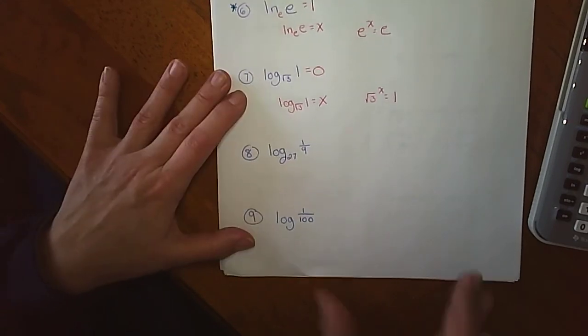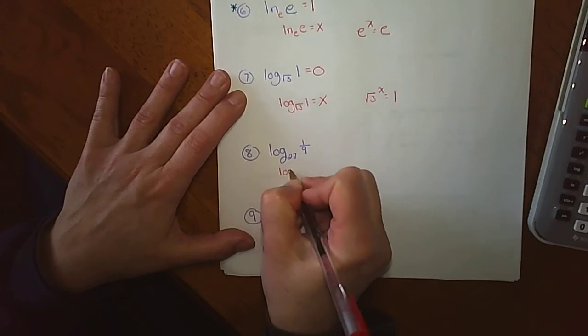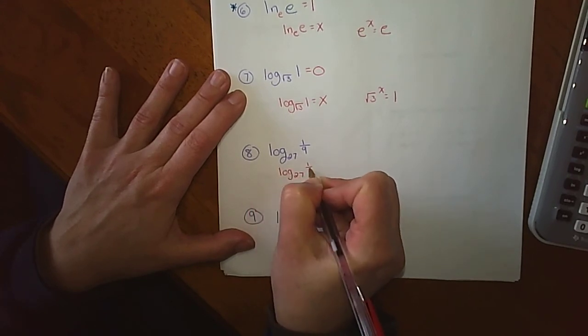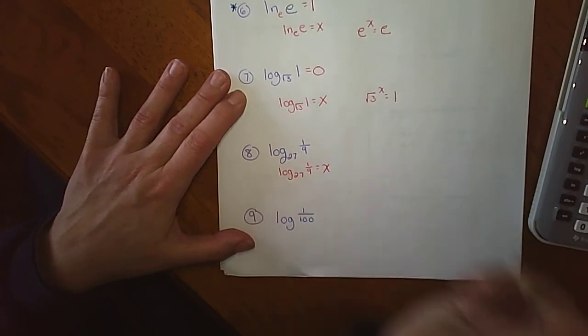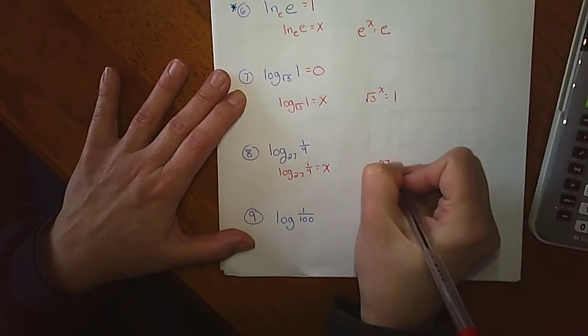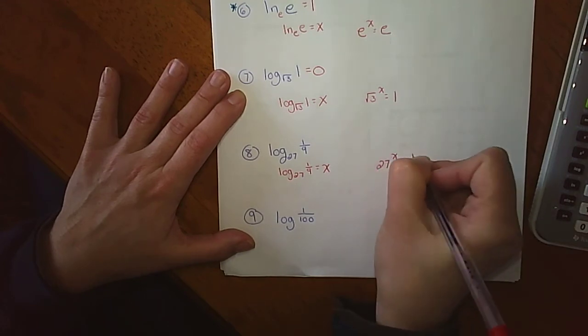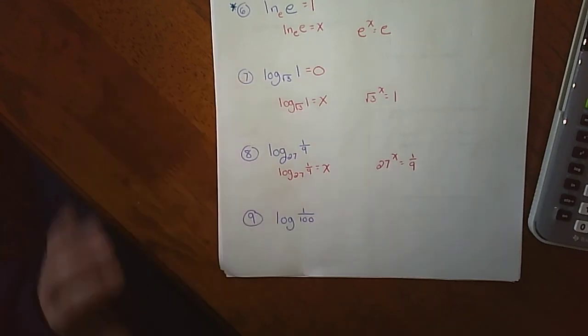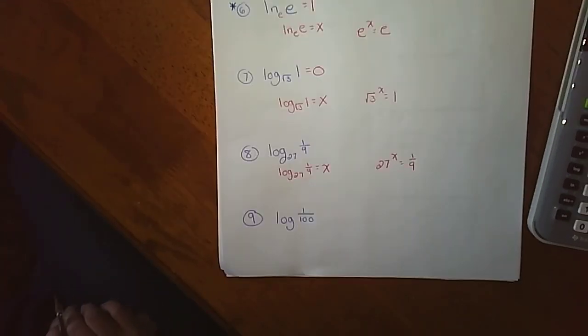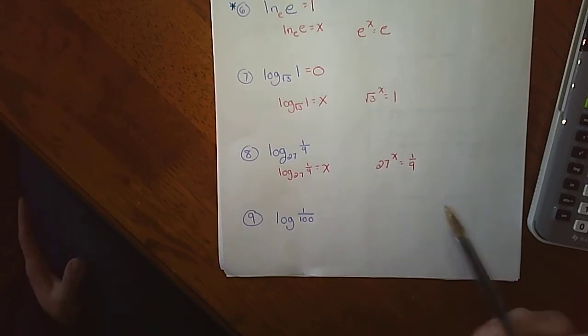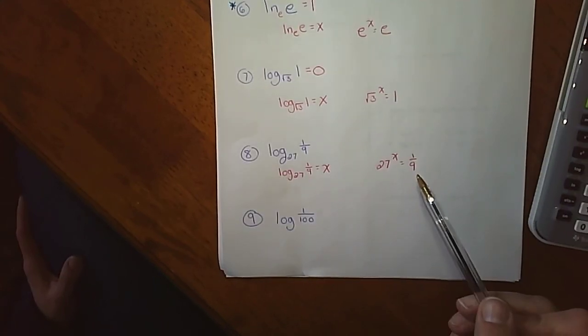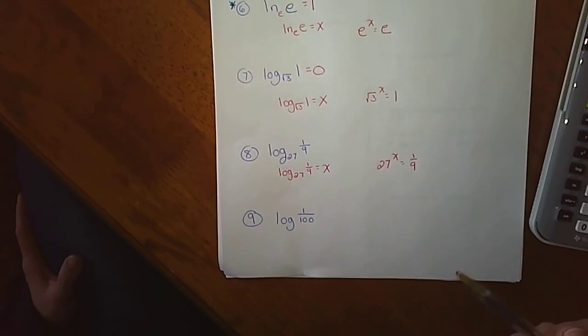All right, 2 more. So we do the same thing here. Log base 27 of 1/9 equals x. We do 27 to the x equals 1/9. All right, now this is where we have to use an older topic that we did called exponential equations. You have to think, what number do both 27 and 1/9 come from?